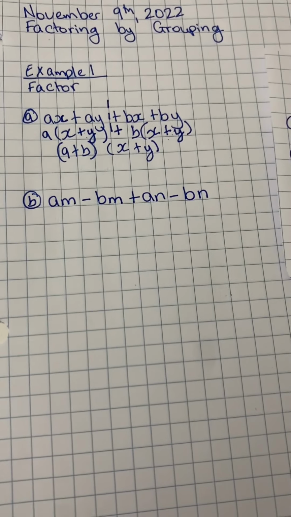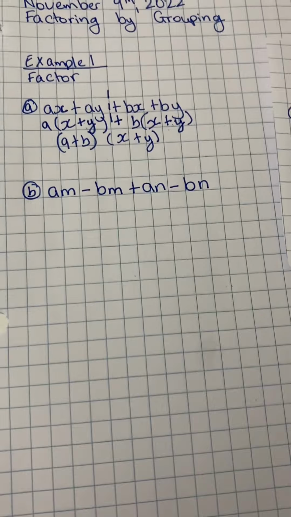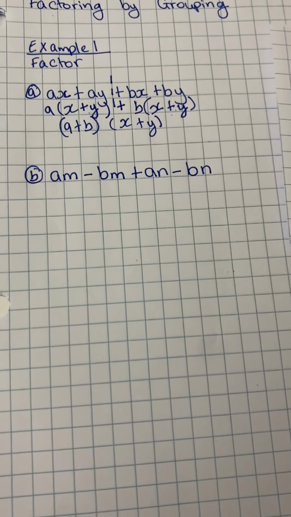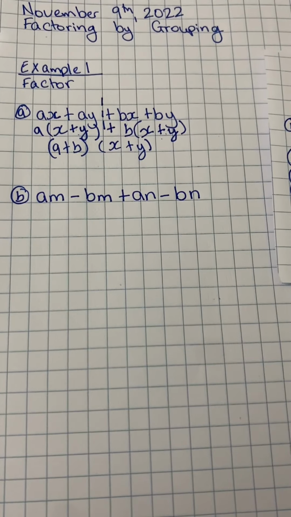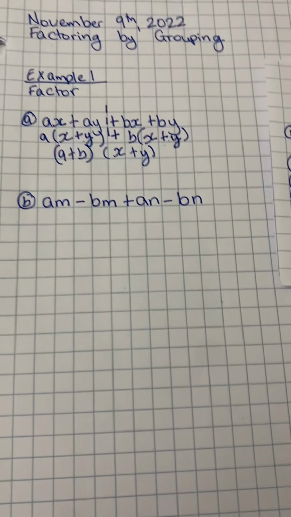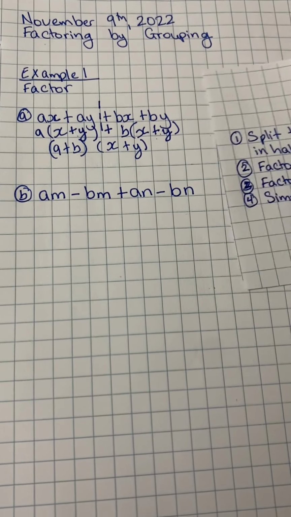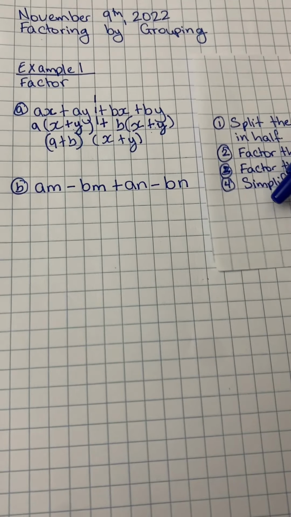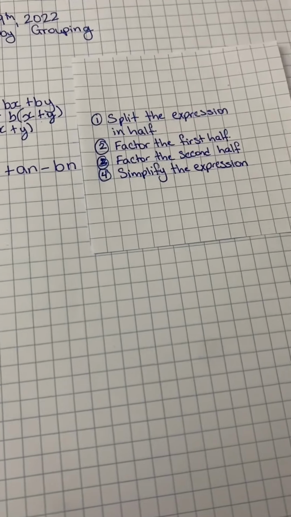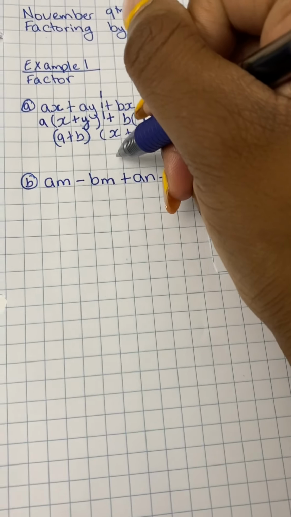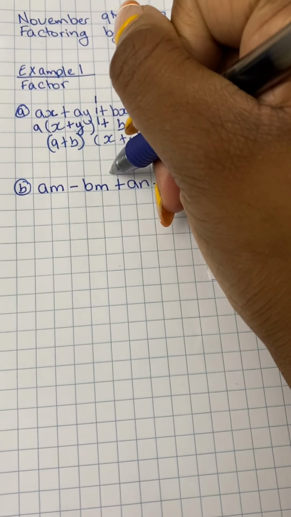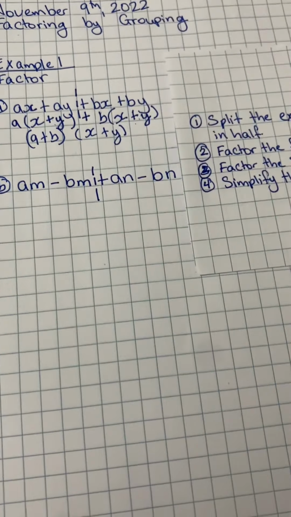Okay, so let's look at a second question. Again, I have am minus bm plus an minus bn. And I am going to use the same 4 steps where I first split the expression in half. So I'm going to just take my pen and split it in half. There you go.